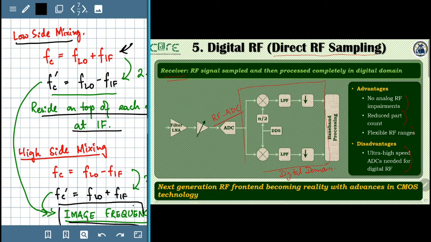The disadvantage is that we need ultra high speed ADCs in order to sample the signals directly at RF frequencies. But as I said earlier, this is becoming more and more possible with advances in CMOS technology.